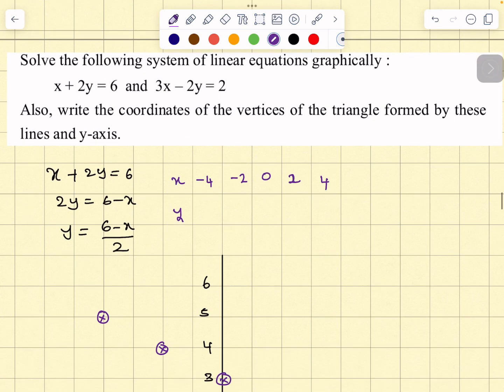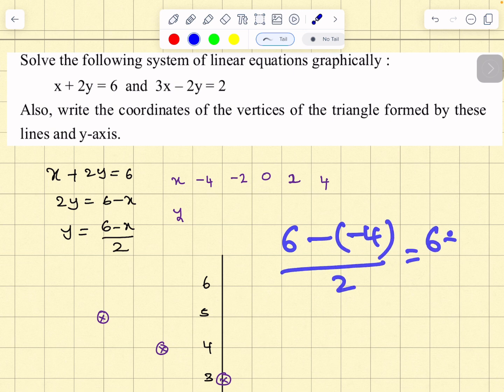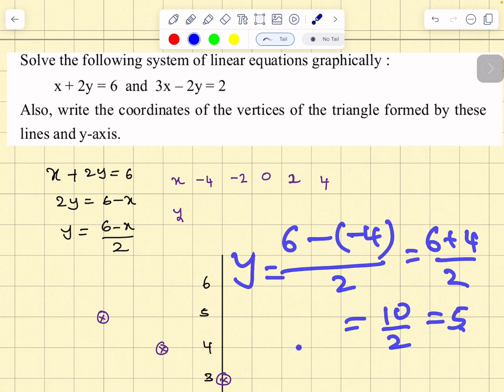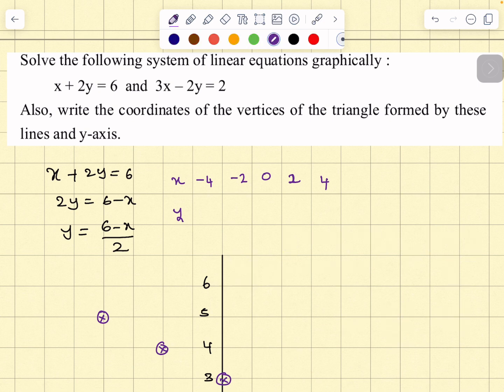When you take x as minus 4, 6 minus of minus 4 becomes 6 plus 4 by 2, which is 10 by 2, which is 5. When x coordinate is minus 4, the y coordinate is 5. So write here 5.